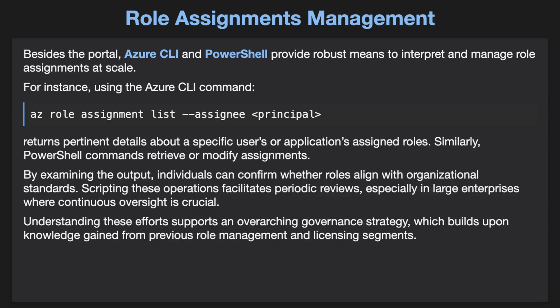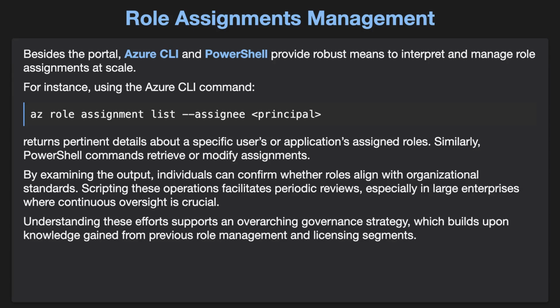Besides the portal, Azure CLI and PowerShell provide robust means to interpret and manage role assignments at scale. For instance, using the Azure CLI command az role assignment list --assignee <principal> returns pertinent details about a specific user's or application's assigned roles. Similarly, PowerShell commands retrieve or modify assignments.